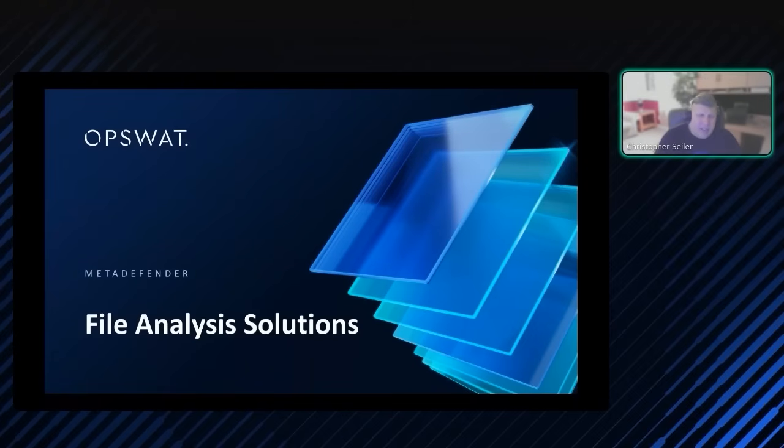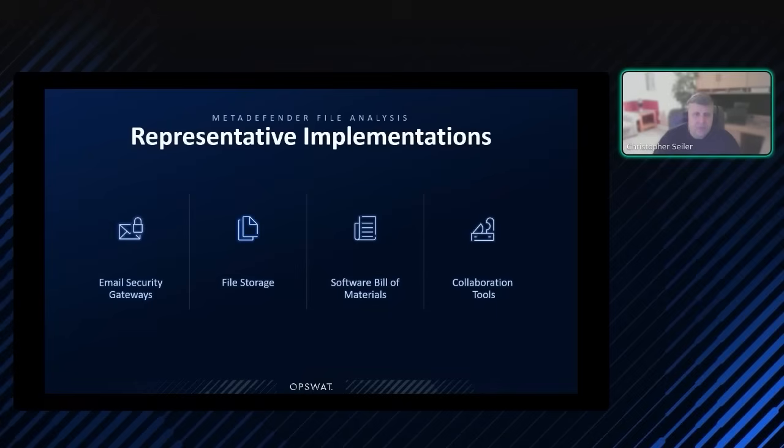Now that we have covered the endpoint security products, let's dive a little bit more into our server side products that we have available in our file analysis solutions. Some of the use cases that we cover with this particular product include email security gateways. As attachments come through, you may want to know, is there any malware being delivered through your email system?